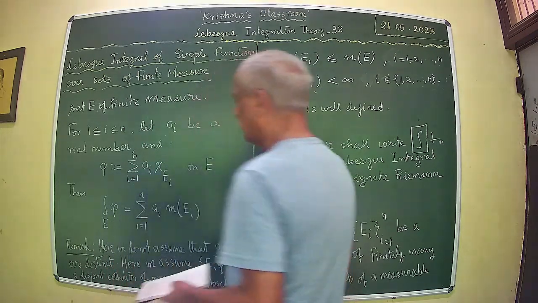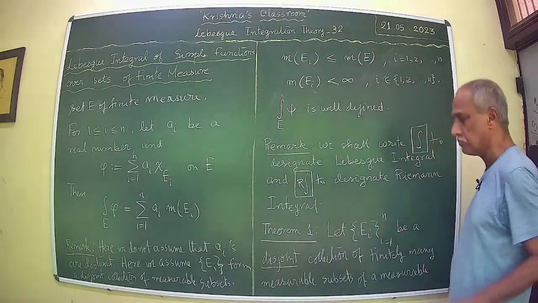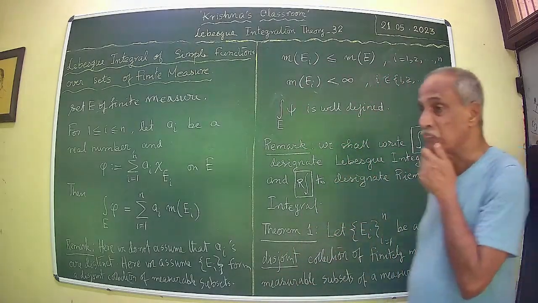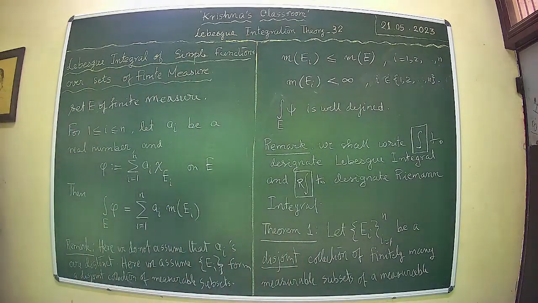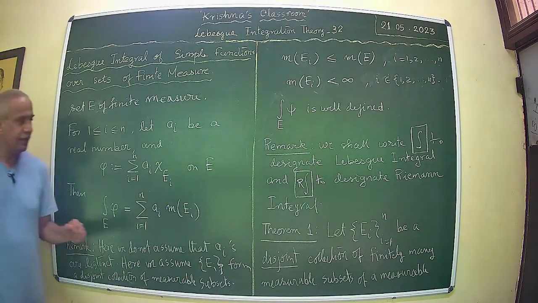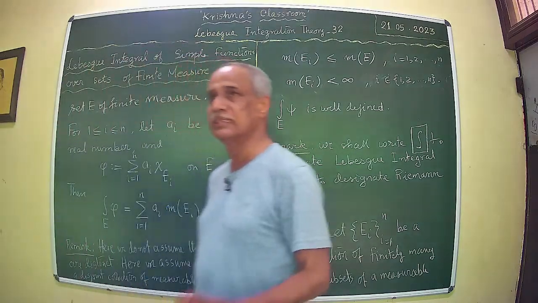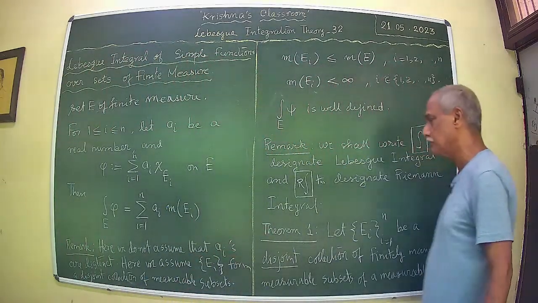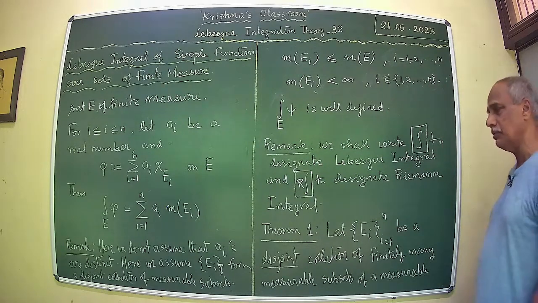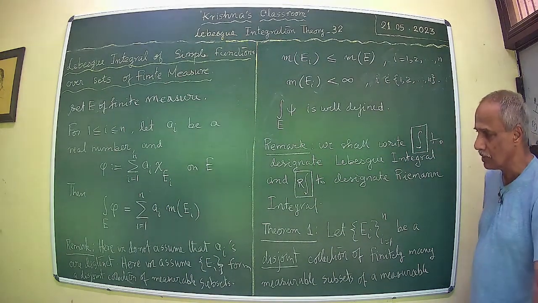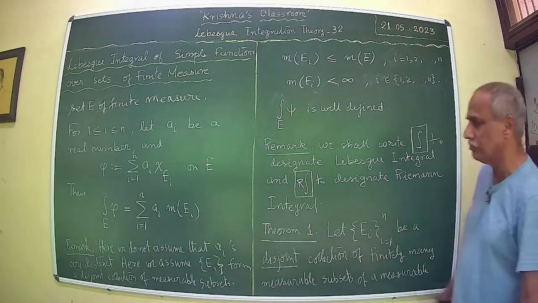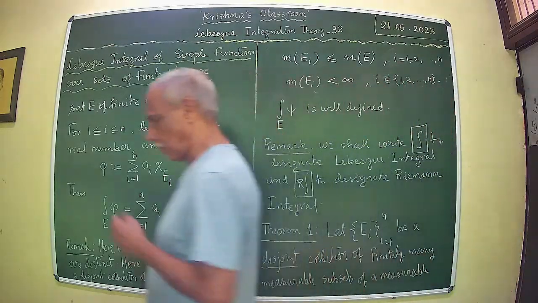You remember, while we defined the Lebesgue integration, the E_i were defined as phi inverse of a_i, that is the singleton a_i. Then we found that since the a_i are all distinct, the E_i satisfy the condition that they form a disjoint collection. Okay.